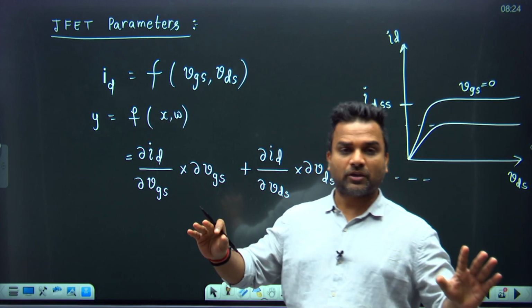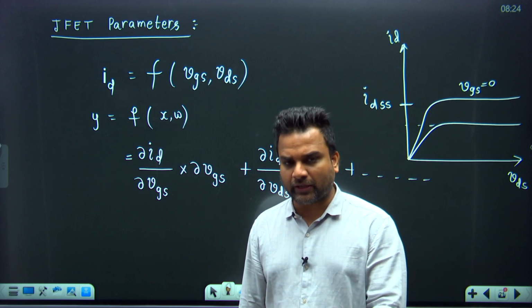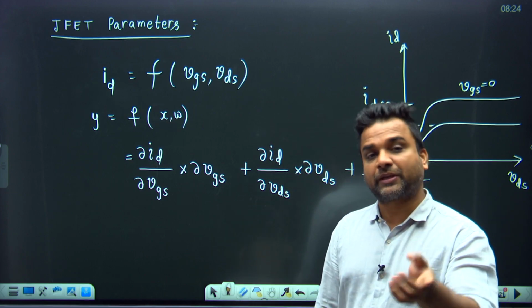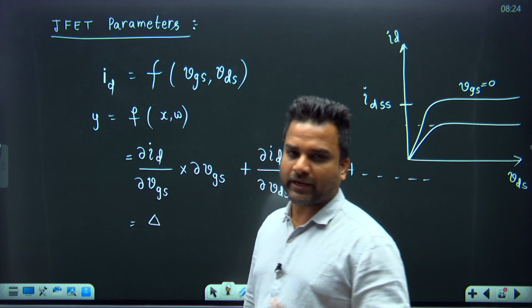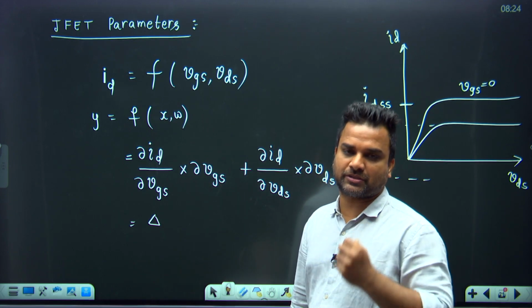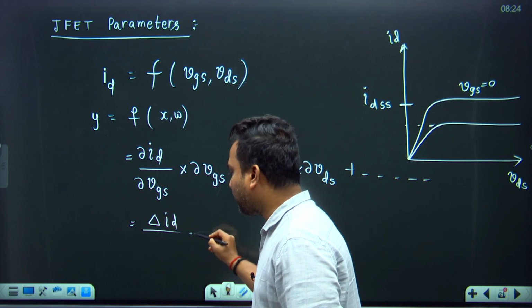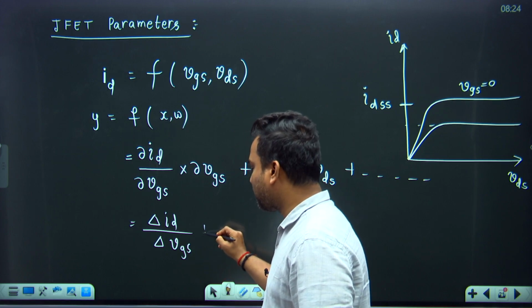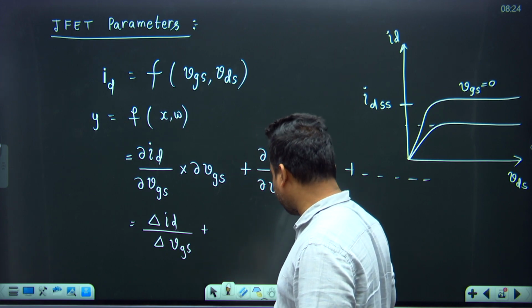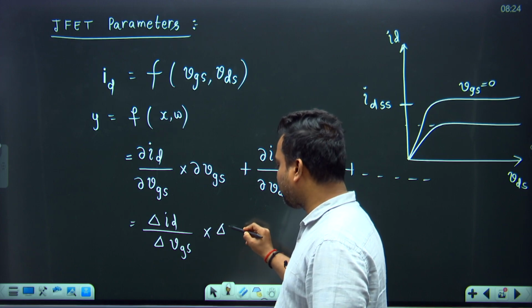When we assume small signal operation, then definitely this dou ID can be considered as del, because we know del means change: del ID by del VGS into del VGS.